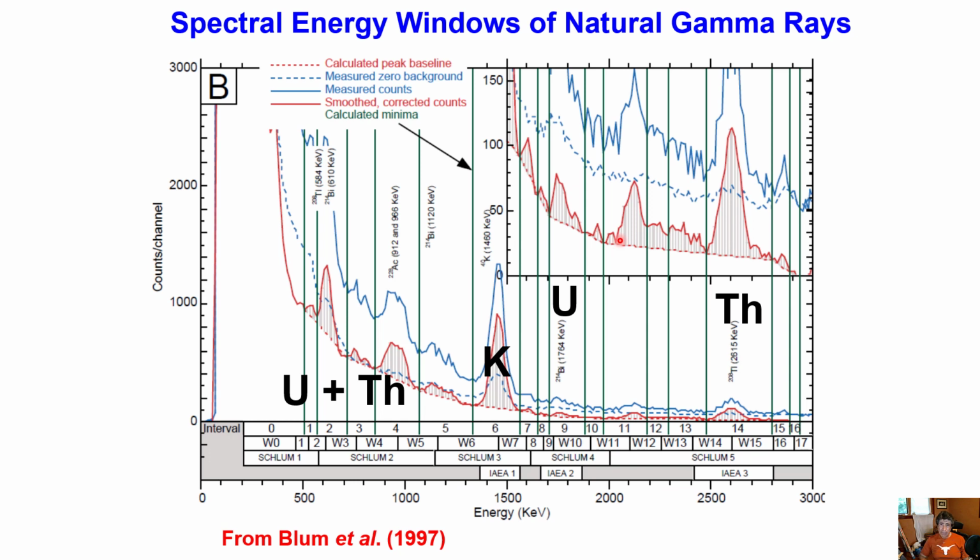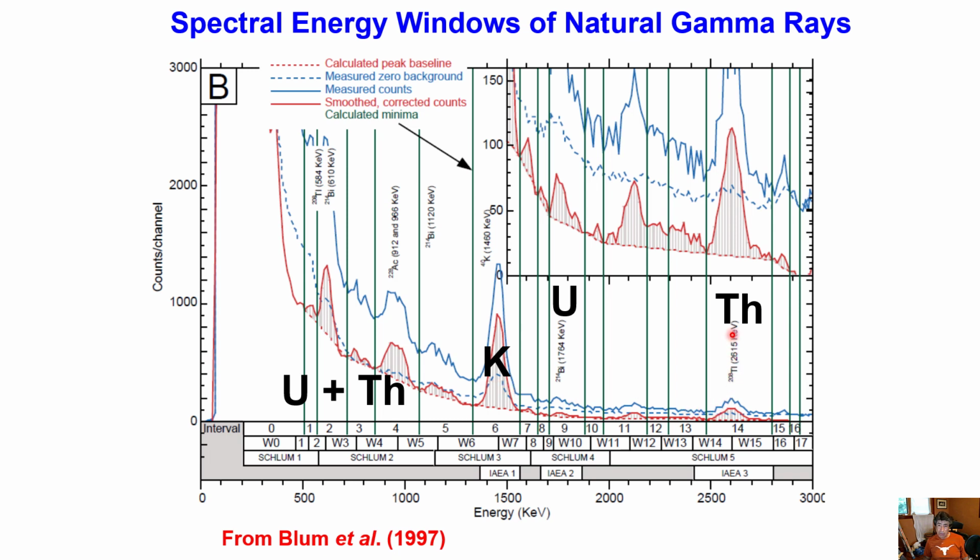Now, if you look at the energy spectrum of gamma rays, energy in kilo electron volts is on the x-axis. You will find that uranium, thorium, and potassium have their gamma rays emanating at different energies, that is to say, at different frequencies. Some of them have a central peak like potassium, but some of them, like uranium and thorium, have multiple peaks.